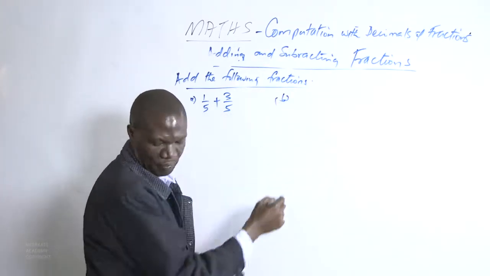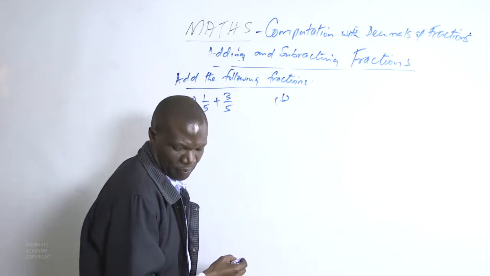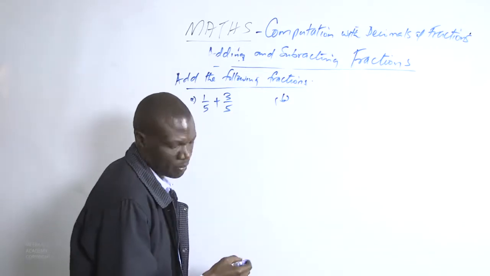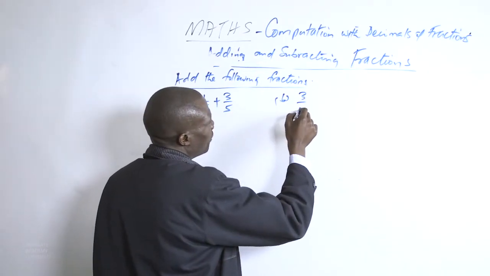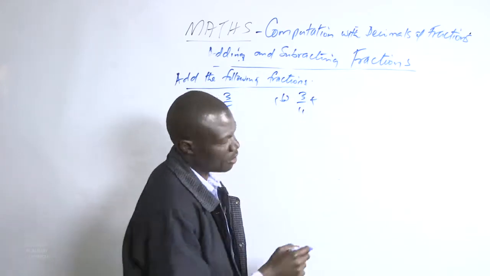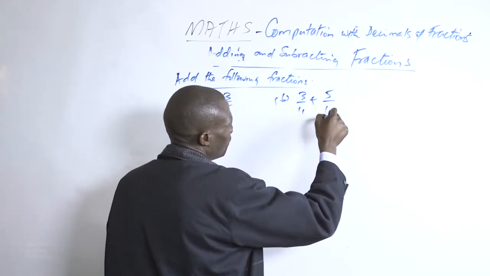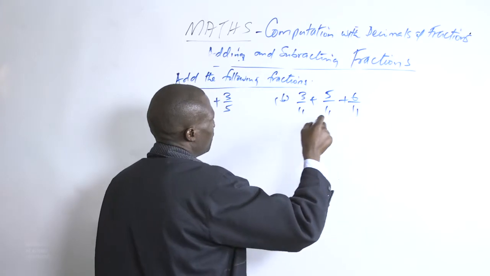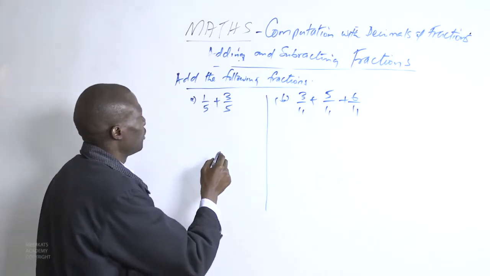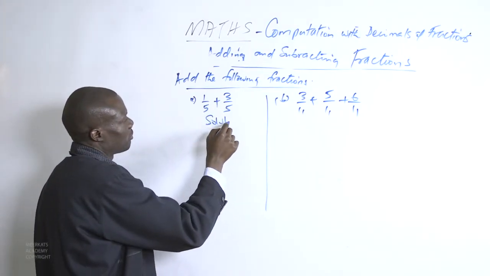B: 3 over 11 plus 5 over 11 plus 6 over 11. Let us look at the first one.